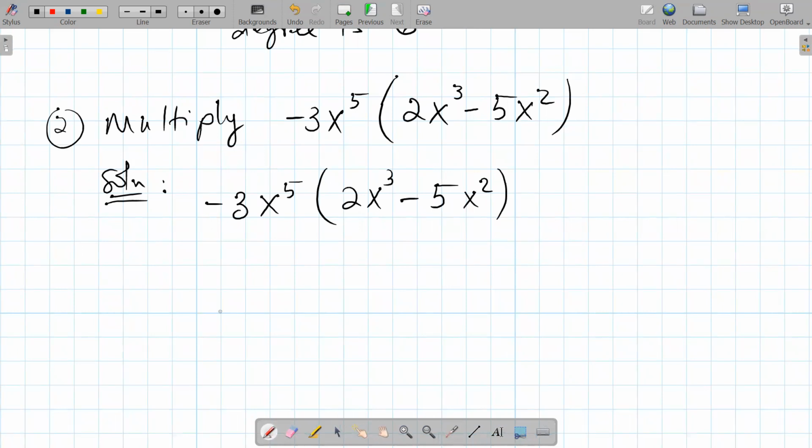So it will go this way, -3x⁵ times 2x³, -3x⁵ times -5x².